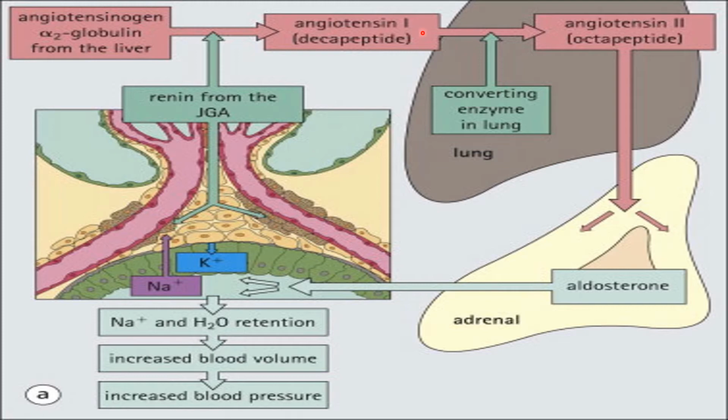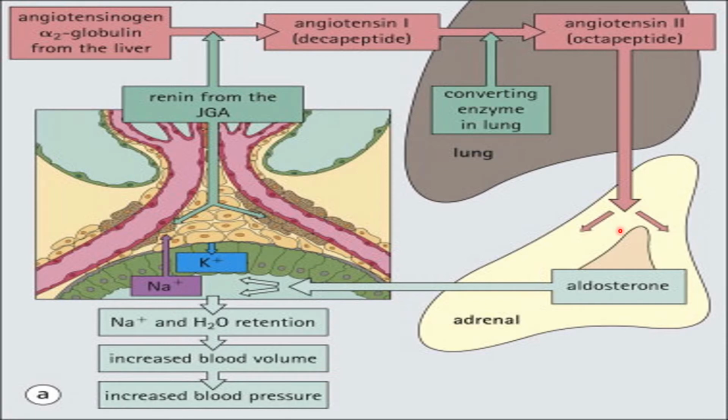This angiotensin 1 is converted by the enzyme ACE, angiotensin converting enzyme, in the lung into angiotensin 2, and angiotensin 2 stimulates the zona glomerulosa in the adrenal cortex.